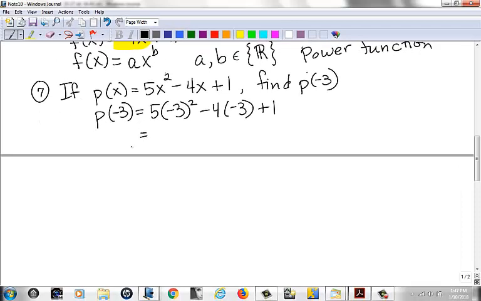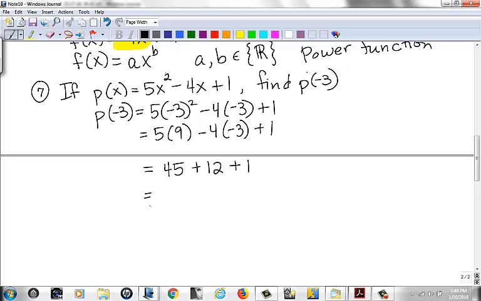So you would do the exponents first. So the negative 3 squared would be 9. So then multiply, you'd have 45. So we'd have plus 12, right? Plus 1. Yeah.